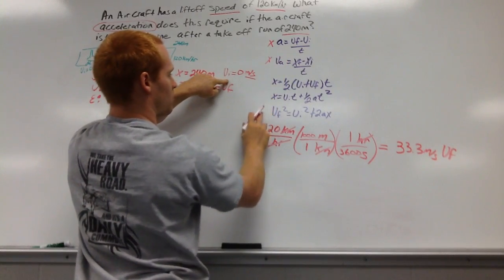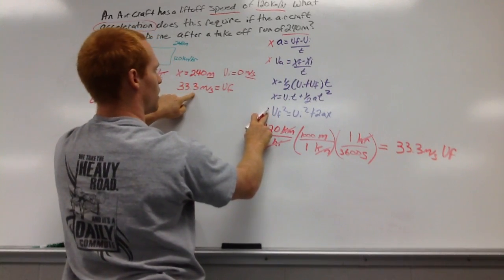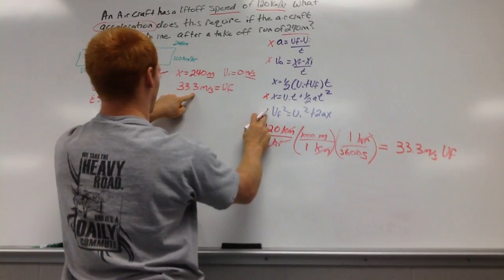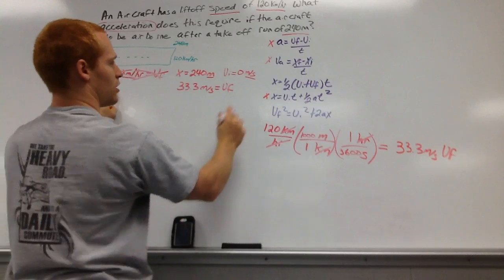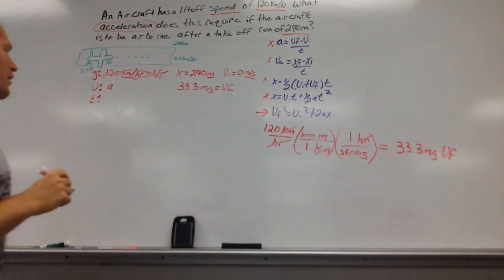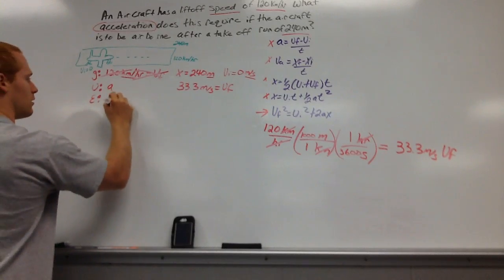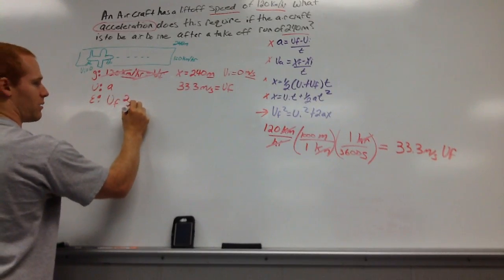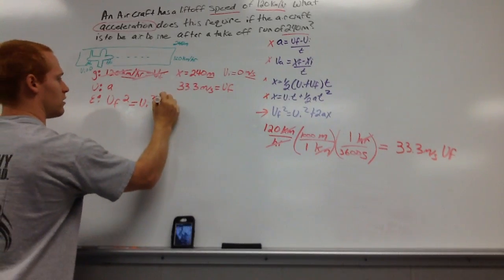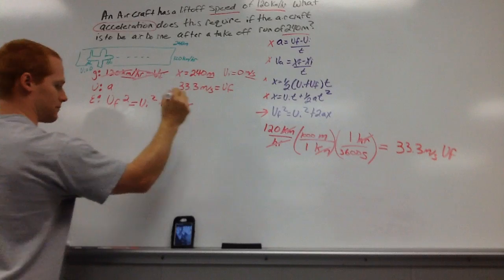This one has VI, this one has VI, this one has VI. VF, this one has VF, this one does not. This one has VF. Now for acceleration, notice this one does not have acceleration, can't use it. We're only left with one, which is usually a good thing. So I'm going to use that one: VF squared equals VI squared plus 2AX.